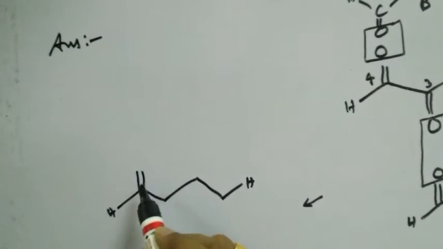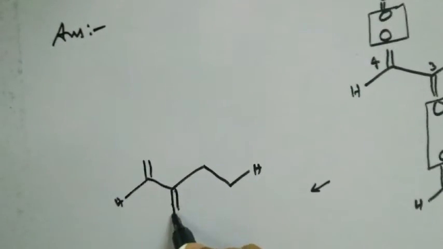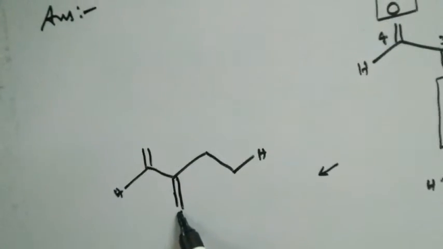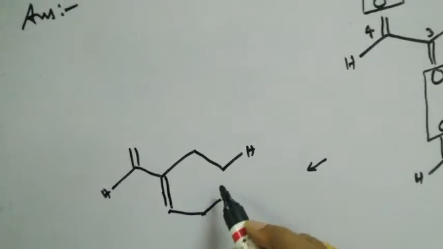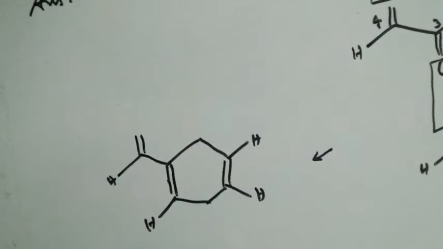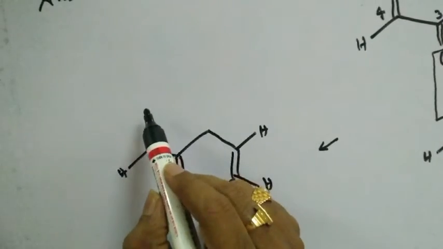So we have a double bond which is linked to the part C like this, hydrogen, hydrogen, that's it. And now this double bond here is linked to what?